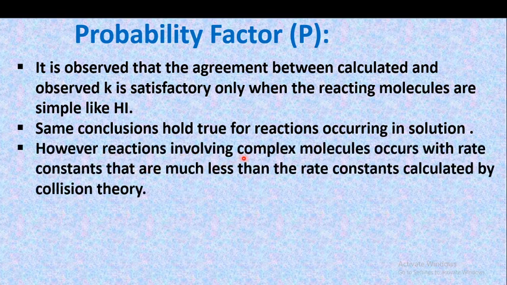However, if the reactions occur with simple molecules like HI, the agreement between calculated and observed K value is satisfactory. But if the reactions involve complex molecules, they occur with rate constants that are much less than the rate constant calculated by collision theory.